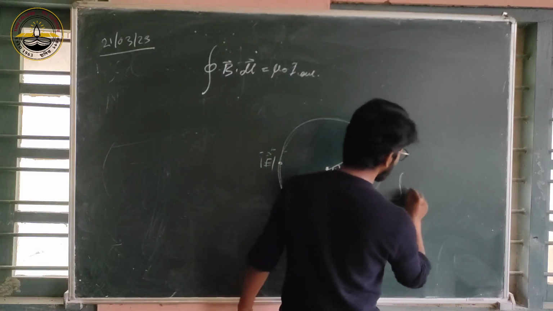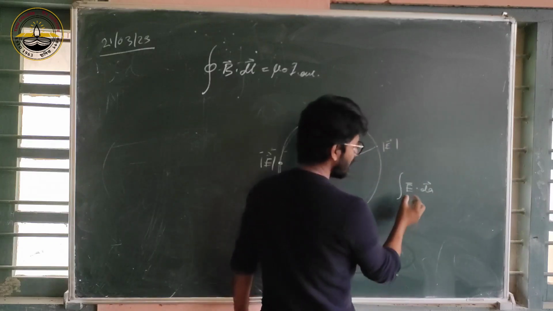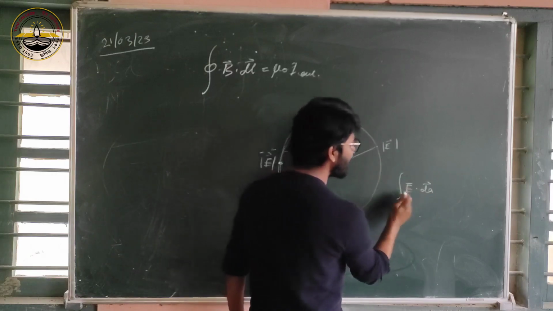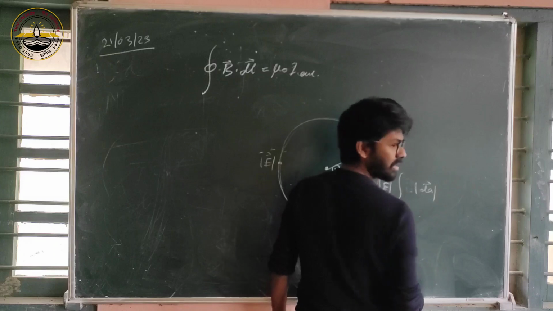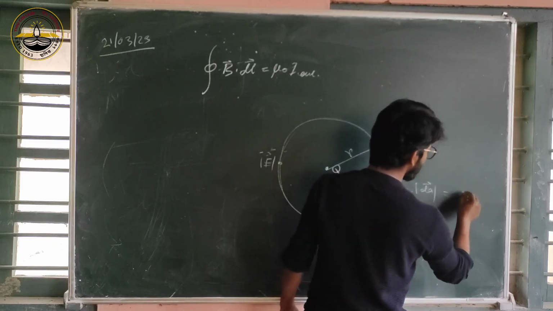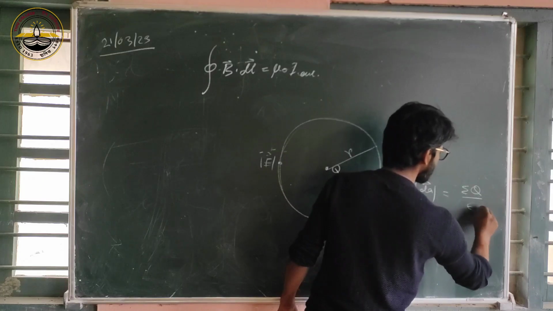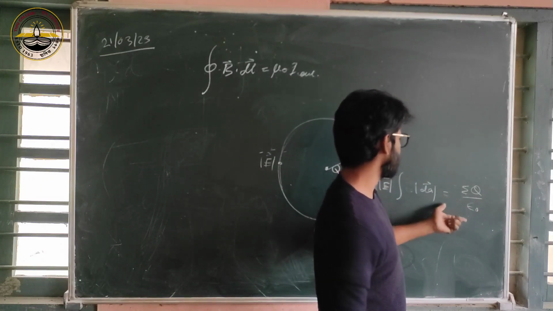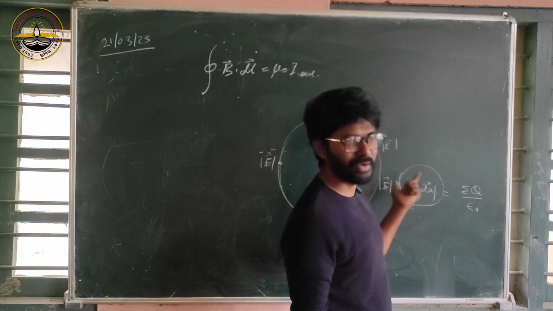That's why when you have E dot dA, because the magnitude is constant on this surface, you can take it outside. And that's equal to total Q inside by epsilon naught, so it's just the area, 4 pi r squared, and you get E.